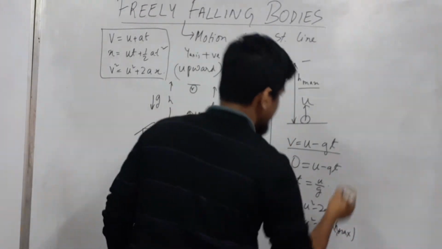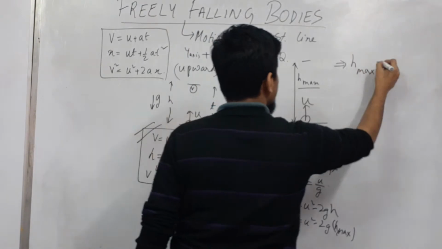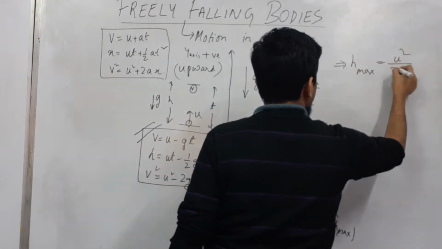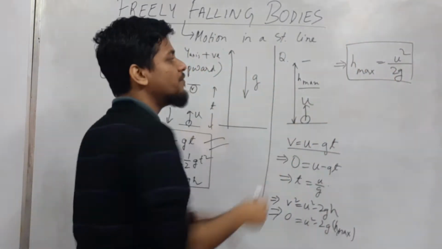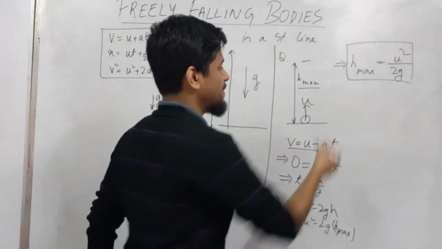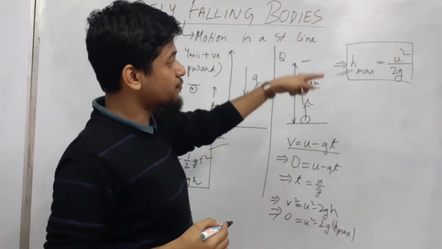This gives us that h max is equal to u square by twice g. So if we throw a particle with a velocity u in the upward direction, the maximum height that it will reach is u square by twice g.